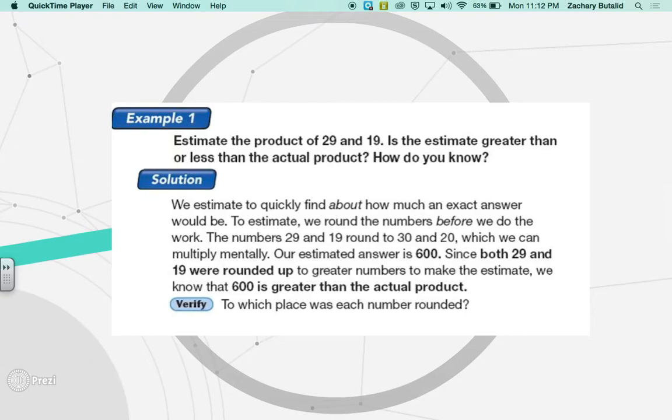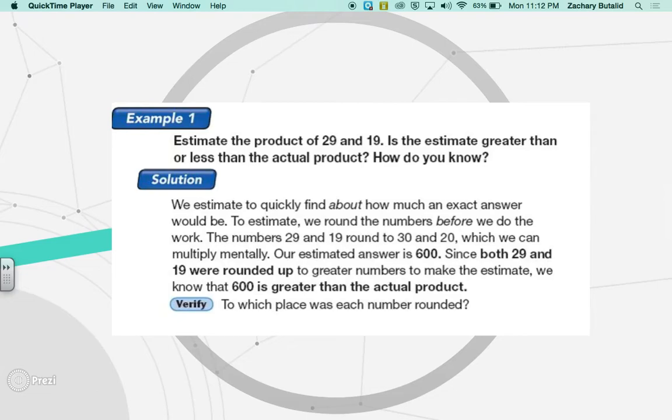Sometimes you don't always need an exact answer, we can just use about how much is the size. When we're looking for estimates, we're not looking for anything exact. We're just trying to get close to a certain number.